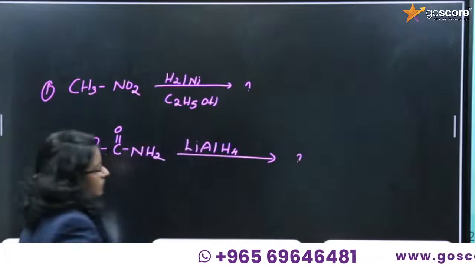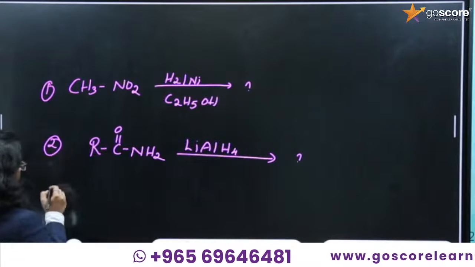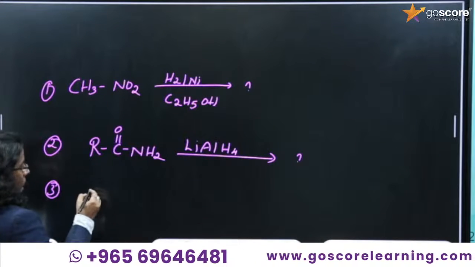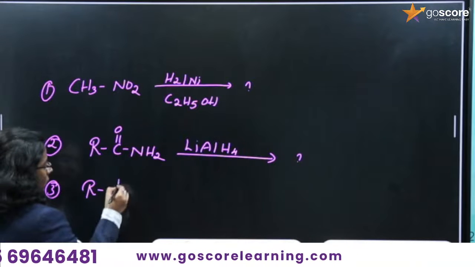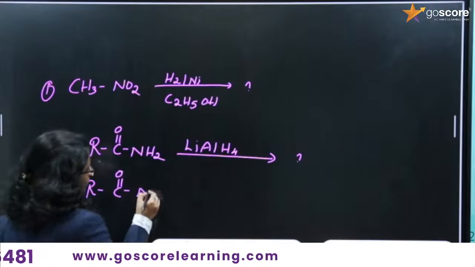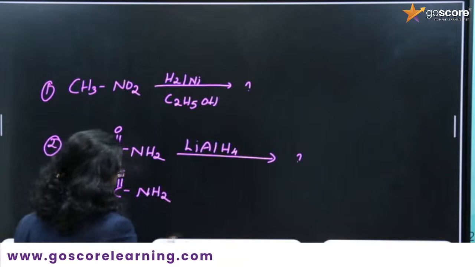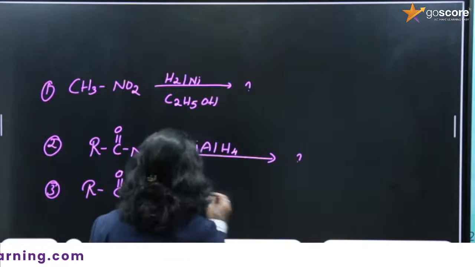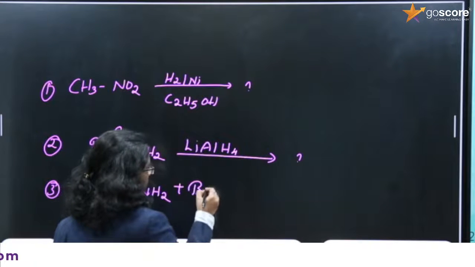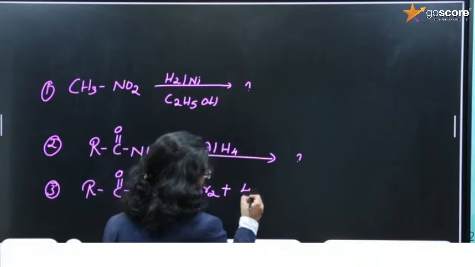What will be the product? Then amide on reacting with Br2 plus 4NaOH. What is the product?